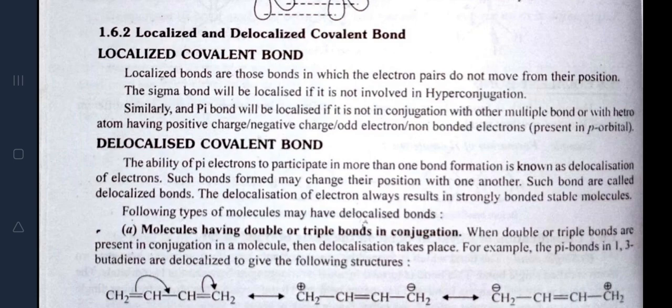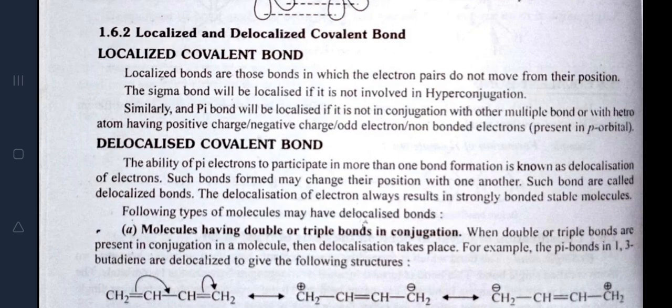Delocalized. The ability of pi electrons to participate in more than one bond formation is known as delocalization of electrons. Such bonds may change their position with one another. Such bonds are called delocalized bonds.